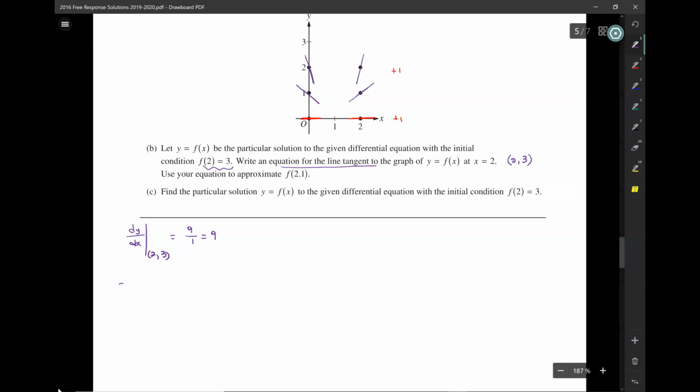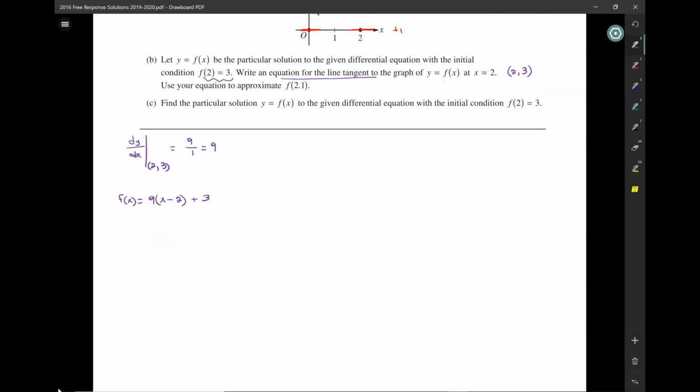Remember, y minus y1 equals m times x minus x1, and we just solve it for f of x. So f of x is equal to m times (x minus x1), plus 3.